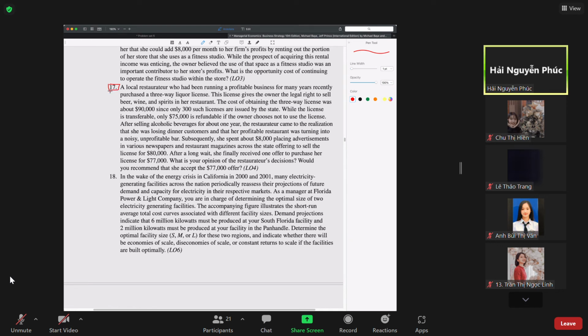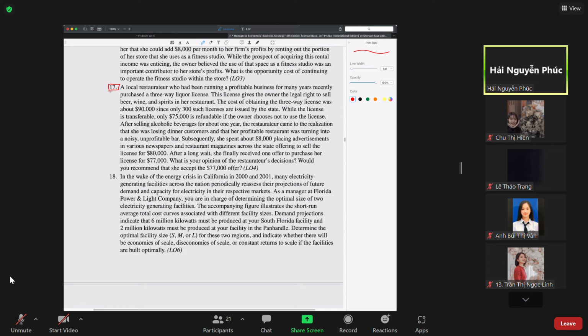It says the following: a local restaurateur has been running a profitable business for many years. Recently, she purchased a three-way liquor license. This license gives the owner the legal right to sell beer, wine, and spirits in her restaurant. The cost of obtaining the license was about $90,000, since only 300 such licenses are issued by the state.